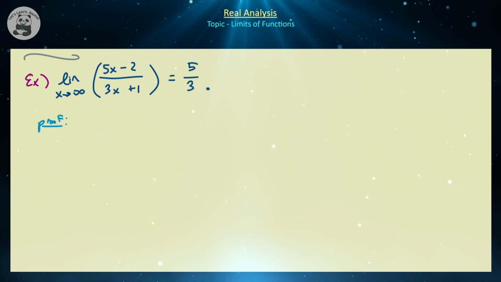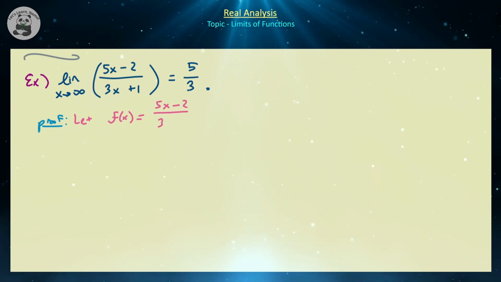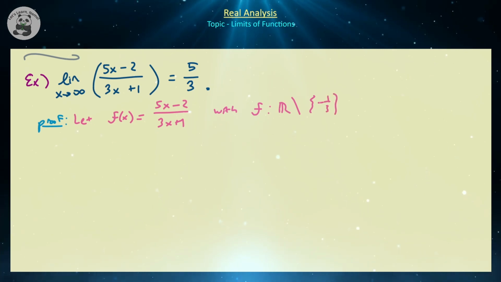So what we're going to do is clearly define our function f and our domain. So let f be equal to 5x minus 2 over 3x plus 1, with f mapping the set of real numbers except for minus 1/3, of course, to the set of real numbers except for 5/3.